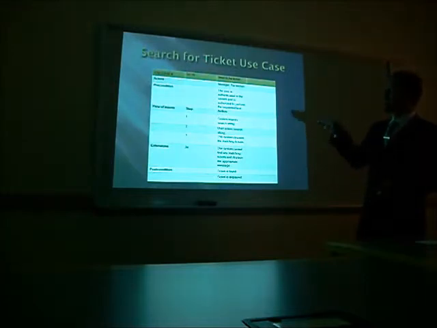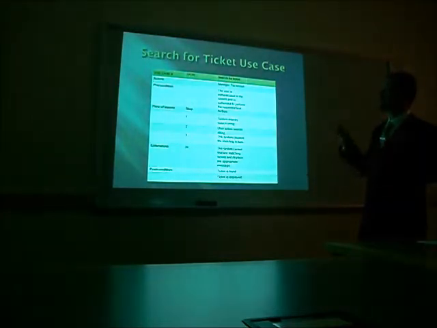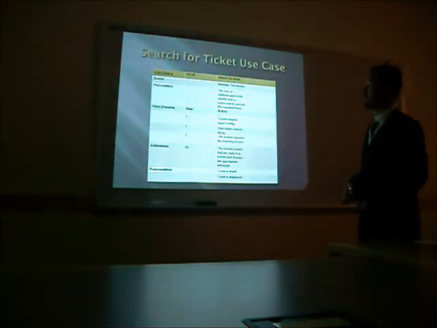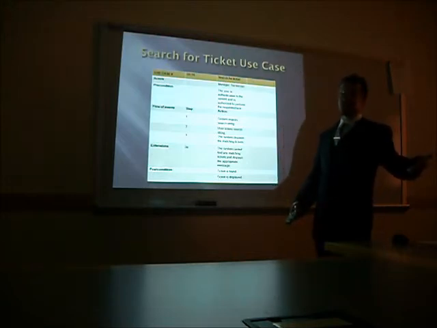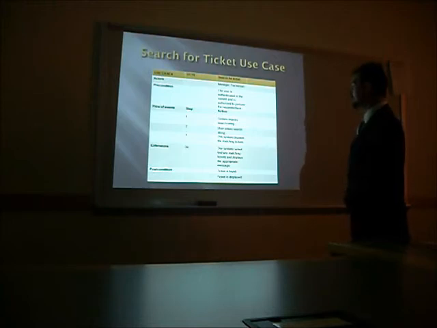Well, here we have some basic use case. It's a search for a ticket in C++ for the help desk system that I have been working on. For instance, a precondition is the user is authenticated on the system. They have, say, put on their password correctly, or didn't put in their password wrong too many times. And even with ATM, you get locked out, right?